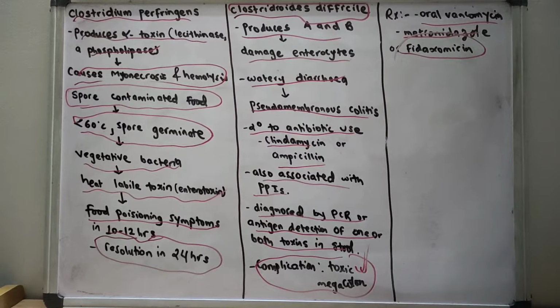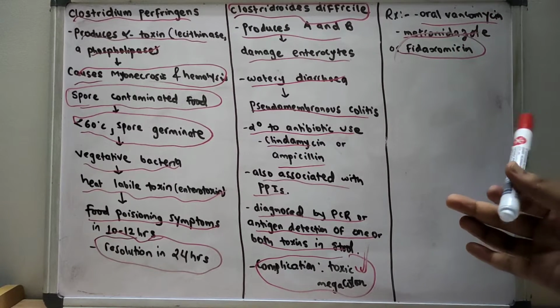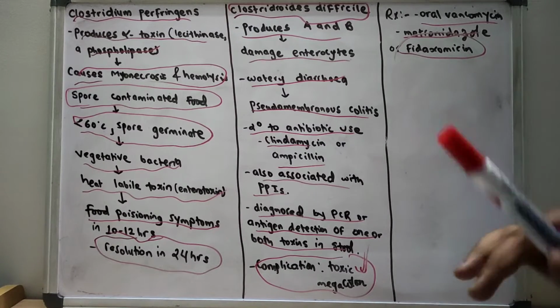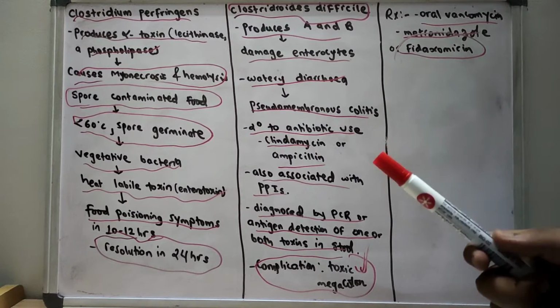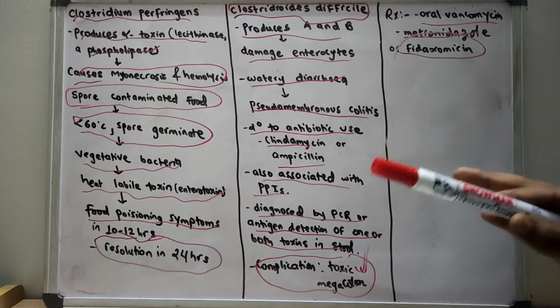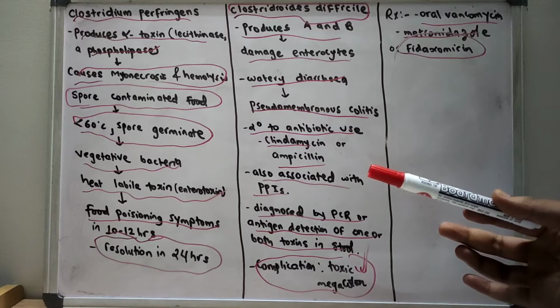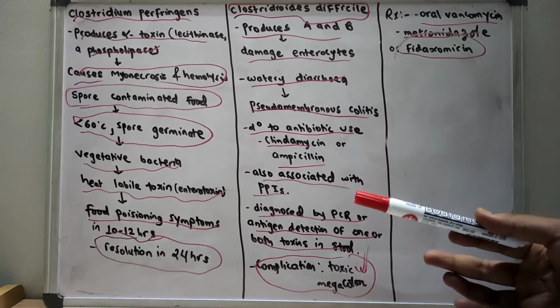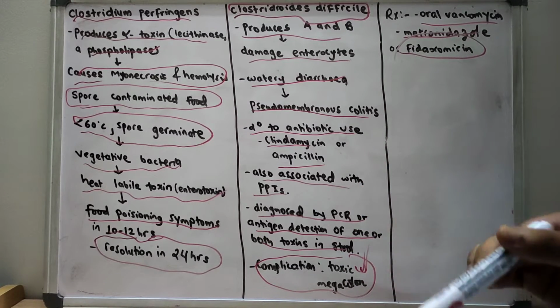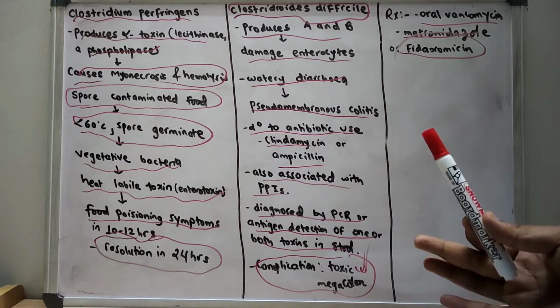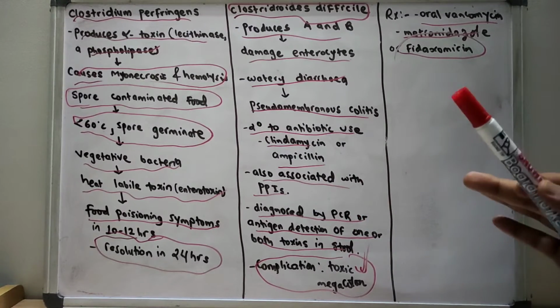So I hope you understood this topic on the Clostridia. Today we discussed mainly Clostridium tetani, Clostridium botulinum, Clostridium perfringens, and Clostridium difficile. You have to know that Clostridium tetani produces tetanospasmin, which ultimately causes tetanus. Clostridium botulinum causes botulism, which also causes floppy baby syndrome.